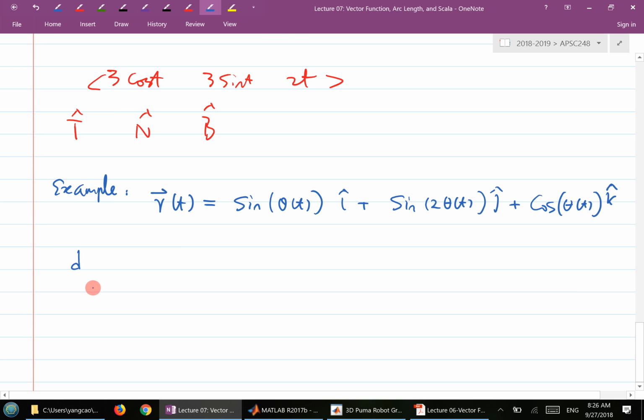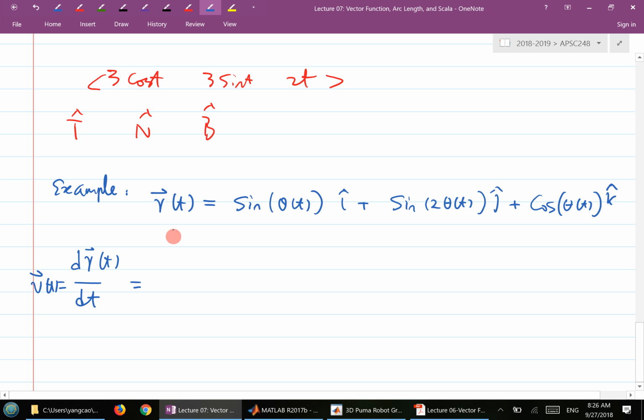If you're traveling in a cart along the roller coaster, what's the velocity you experience at each location? That's very easy. Just take the derivative, dr over dt.